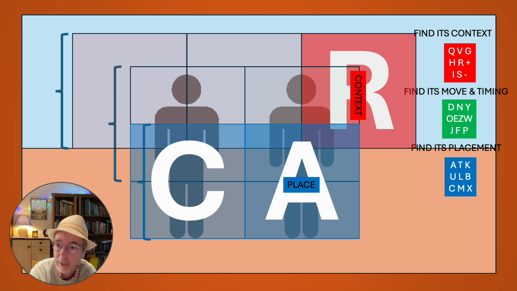All the letters that I have in that scheme can simply be put into the right positions, and I have the right order of words as well. And that's already a very good beginning to make a good distinction, to recognize these positions against each other, also within a word. So I have the C already, the A, which is related with place, and the R, which is related with context.